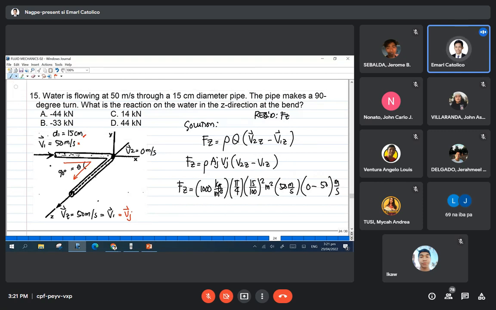Cancellation of units. So kilogram meter per second squared is Newton. Then cancel na to. So Newton ang magiging unit natin dito.